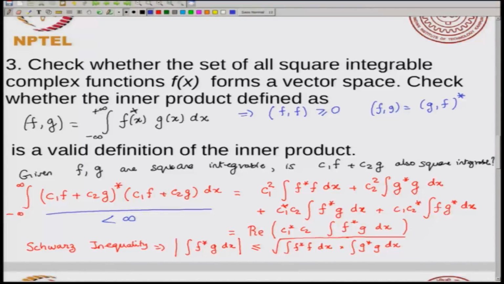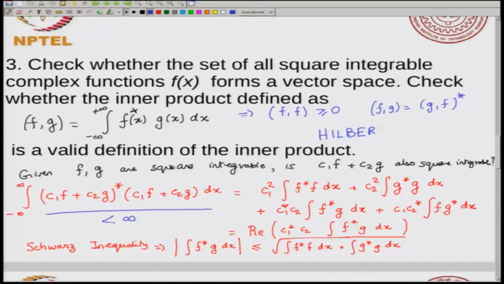Now, I just want to mention one thing, why I chose this complex vector space. The reason I chose this complex vector space is that this is something called a Hilbert space.